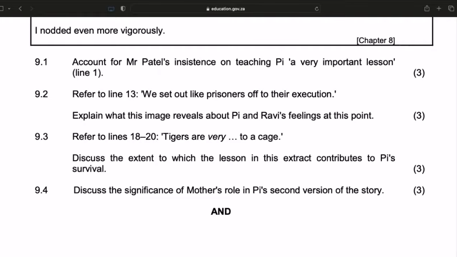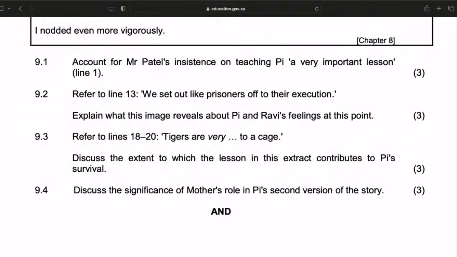So the question is basically, why was Pi's father insistent or adamant to teach Pi a very important lesson? And the answer could be that Pi's father had the fear that Pi has this tendency to anthropomorphize animals, okay, given his curiosity.